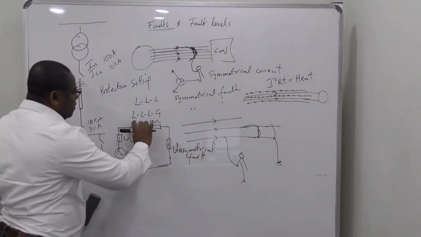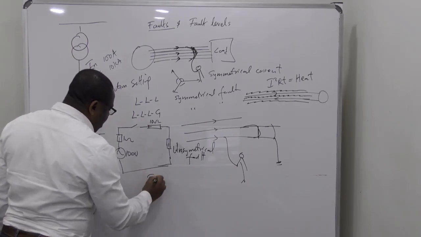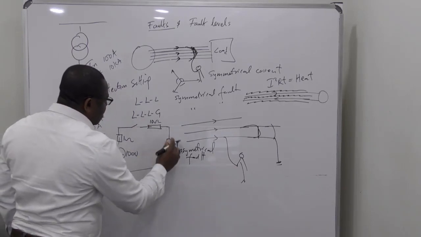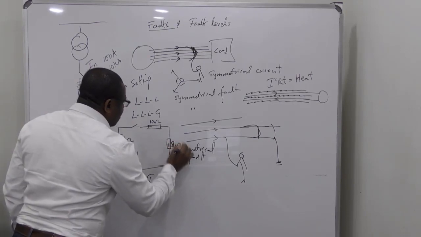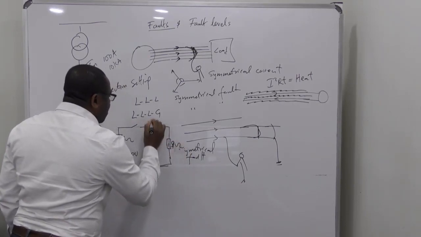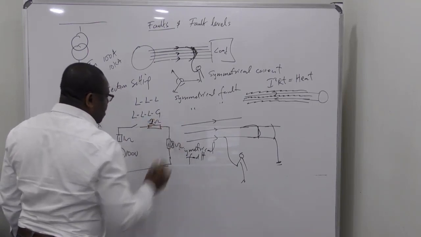Now, when you close this, the current that will flow through the whole of this, let me just put this cable to be 1 or 2 ohms, and this load to be 8 ohms, okay?